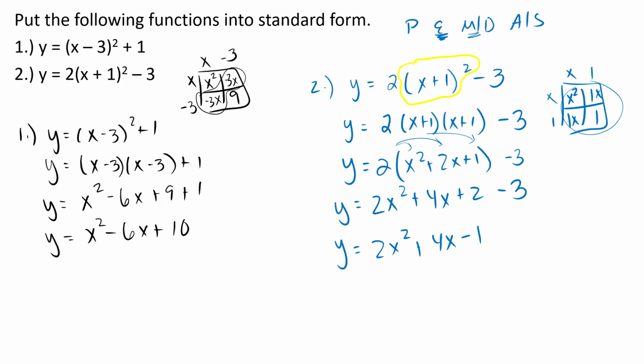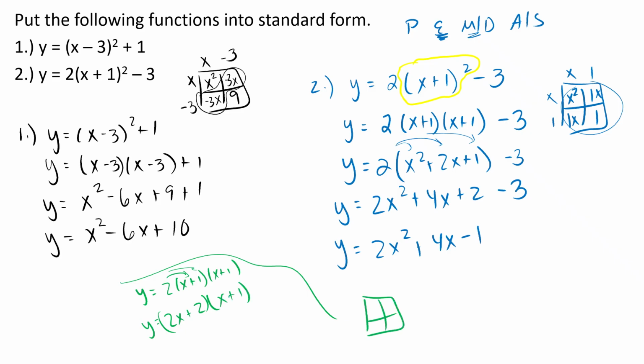Now, just because I don't know how to let something go, okay? If you did it this way, it would still work. So you could multiply through just the first set of parentheses. So you'd have 2x plus 2 and then multiply by x plus 1.